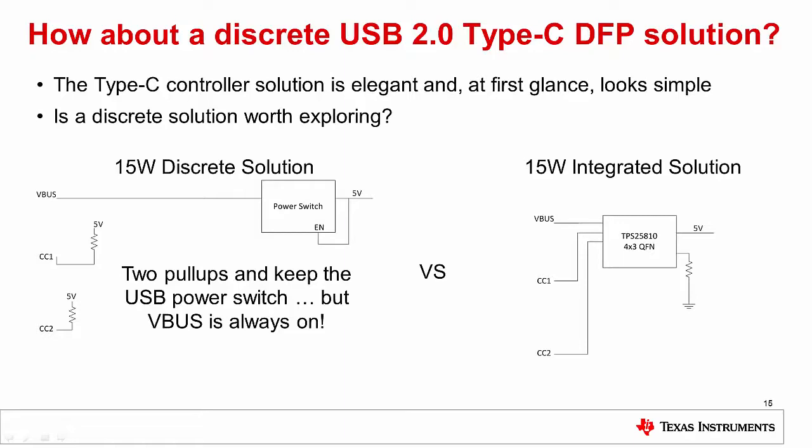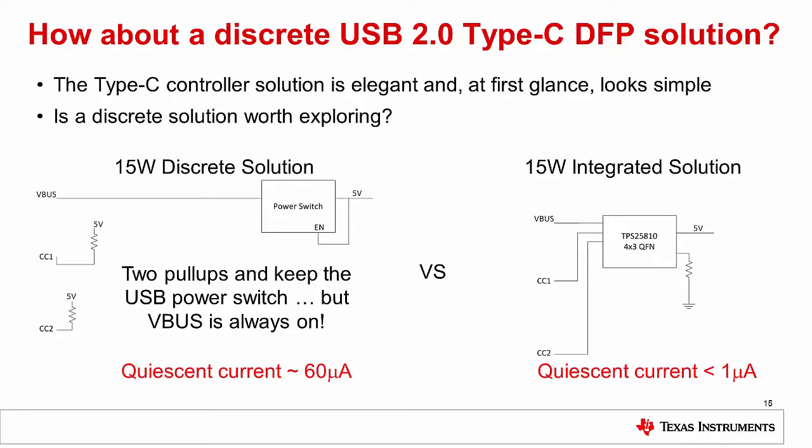But first, I just want to point out that the existing power switches today for USB Type-A have a quiescent current in a range of 60 microamps or so, because USB-A is a hot socket, meaning 5 volts is always turned on. Type-C, the Type-C connector is a cold socket, meaning the 5 volts is not turned on until something gets plugged in.